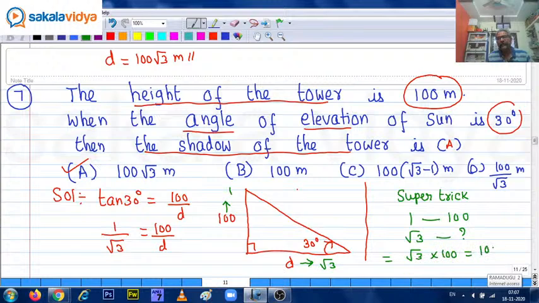So the answer is 100 root 3. That's all. So A is obviously the right answer. This is the unitary method. For one part is 100, for root 3 parts is how much? Root 3 into 100, 100 root 3.